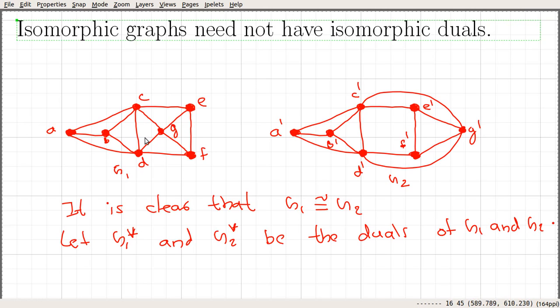If you look at these graphs G1 and G2, in G2 there is a region bounded by 4 edges. So in the dual graph, the vertex corresponding to this region will have degree 4. But in G1, every region is bounded by a triangle, so it won't have a degree 4 vertex in the dual. That says G1 star is not isomorphic to G2 star.